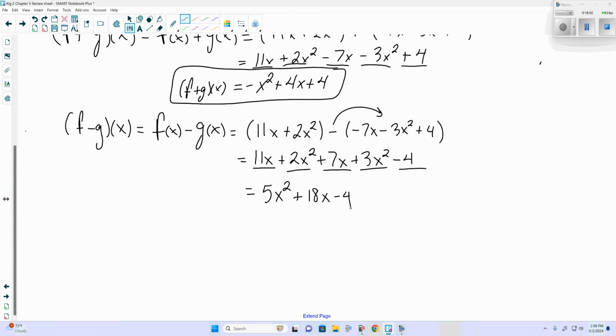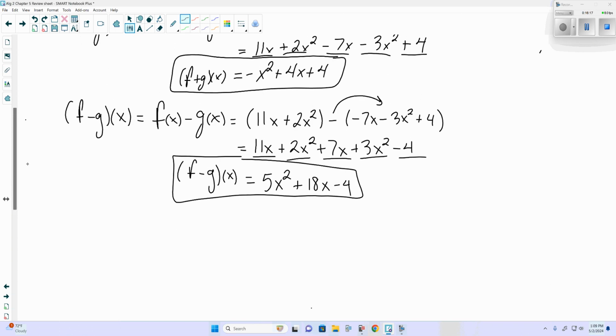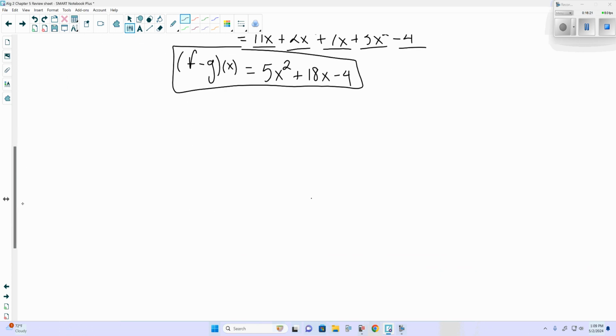Since the first one did not have a constant term, there was nothing to combine with it. So we have f minus g of x. Questions on addition or subtraction so far? We're ready for the next one.